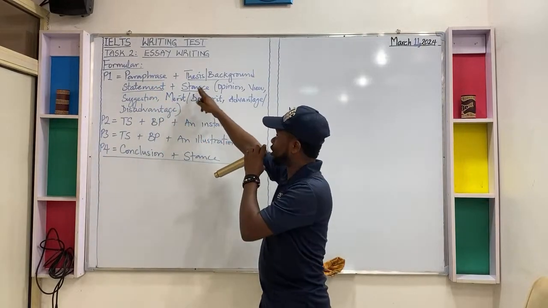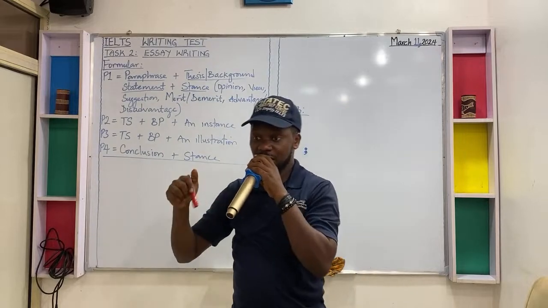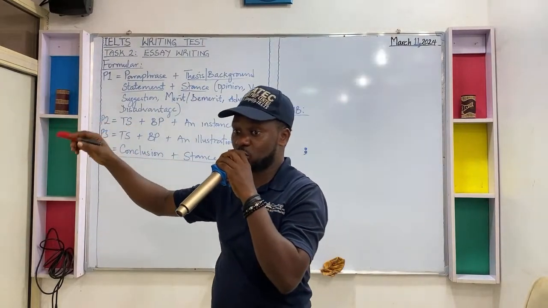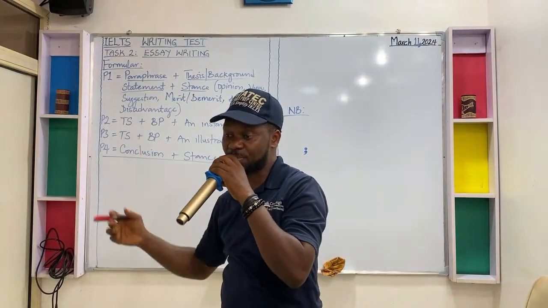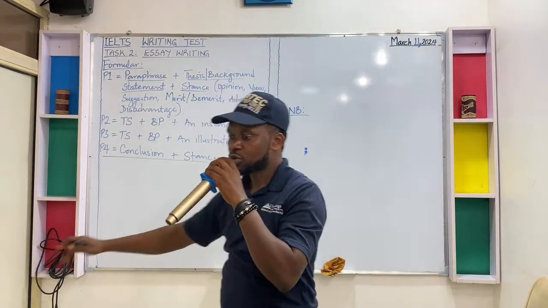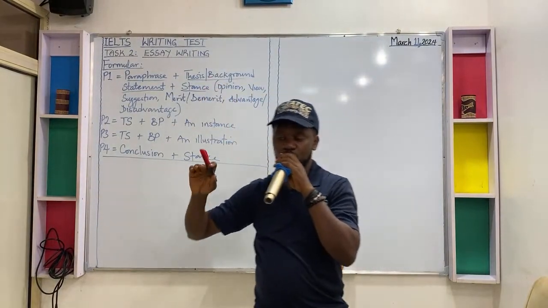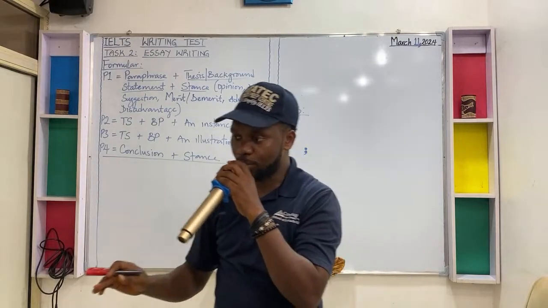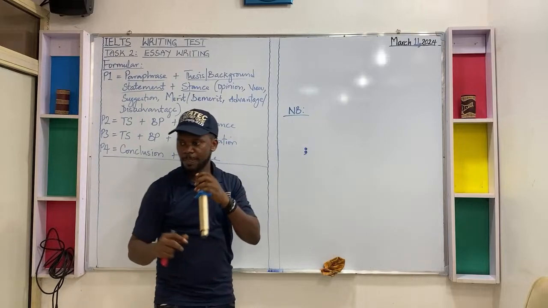You then establish your thesis or background statement to confirm to the examiner that in this essay, I will be writing to agree, or I'll be writing to disagree, or I'll be writing to discuss both sides, depending on the question type, right? So once you have established your background statement, you should not end it with a full stop. Rather, your background statement has to end with a semicolon.